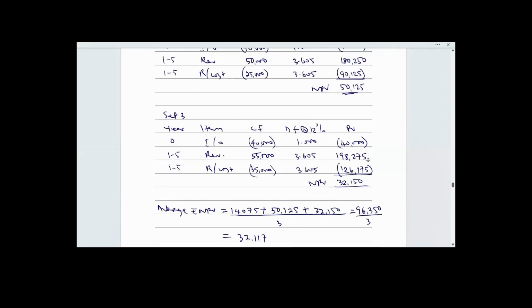So if that is the case, plus 40,000, then minus 198,275 equals 32,100. This one's supposed to be 32,100.